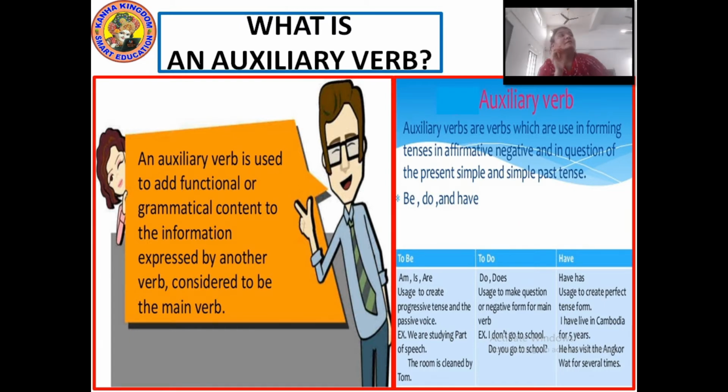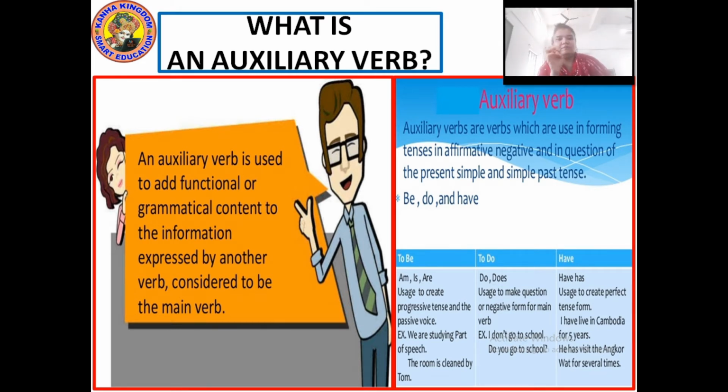It shows whether the action happened in the past, is happening in the present, or will happen in the future. For example, will is an auxiliary verb. Without the auxiliary verb will in the sentence, we cannot understand the tense of the sentence.